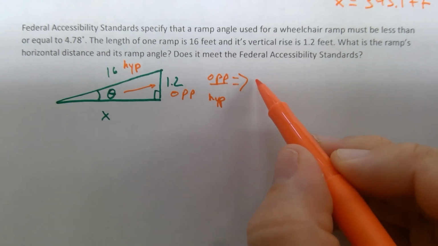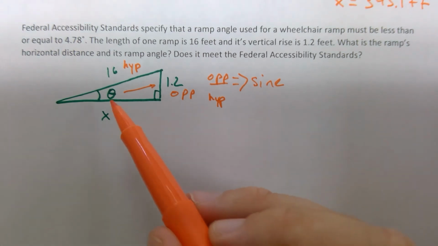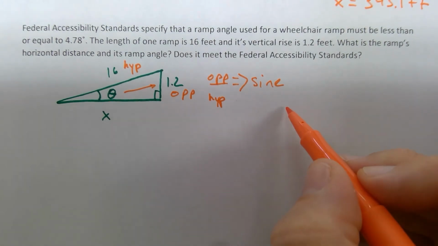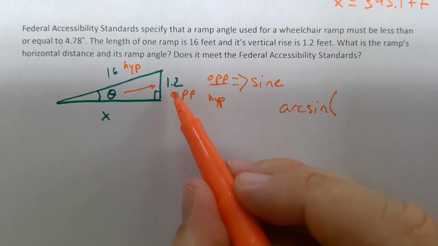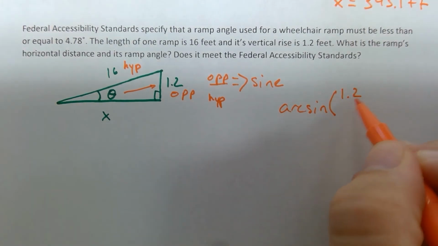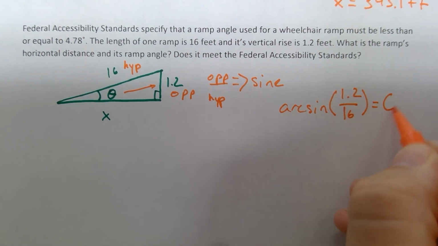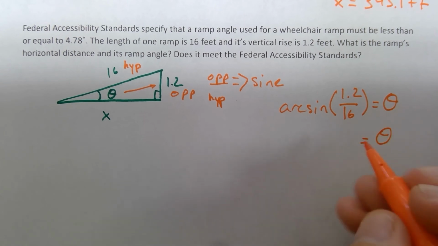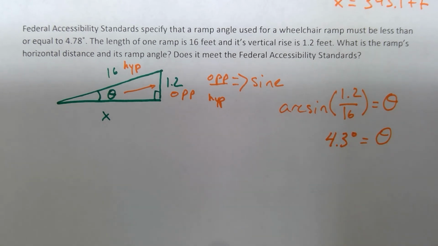Opposite over hypotenuse is going to give us sine function. Now we have a missing angle here, so I want to use my arc sine. My ratio of 1.2 is my opposite side over 16, my hypotenuse side, equals theta. I put that in the calculator, and I get theta is 4.3 degrees.